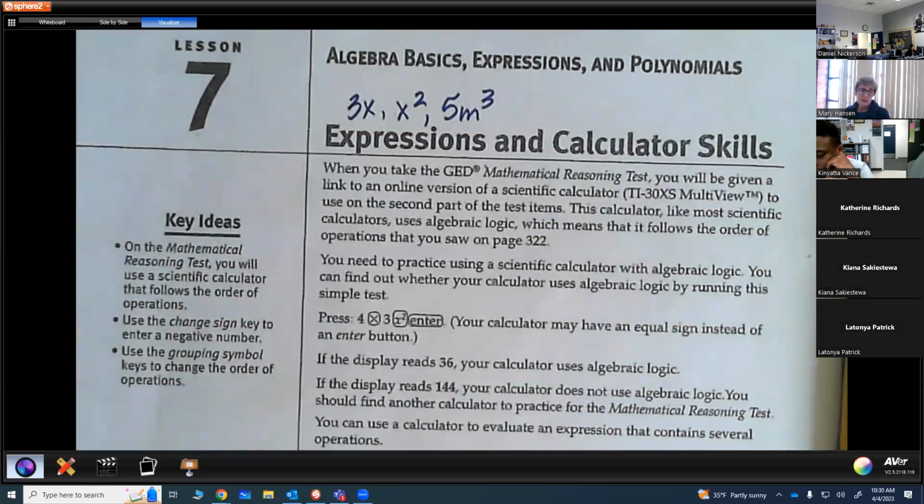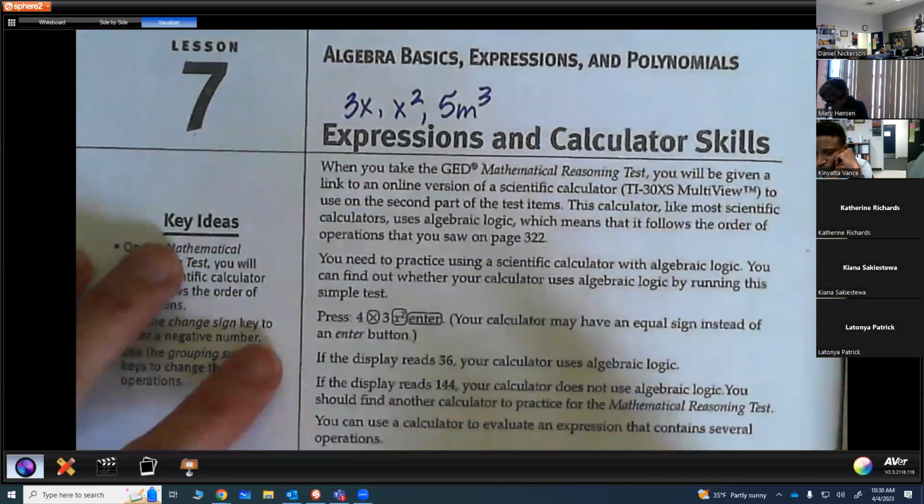In most cases, you will be able to calculate faster than you can by hand, and probably more accurately as well. I know I have students who want to be old school and say, I can do it by hand. But part of the GED test is also about being efficient with your time, so we want to get you all the tools you can to be as successful as possible.